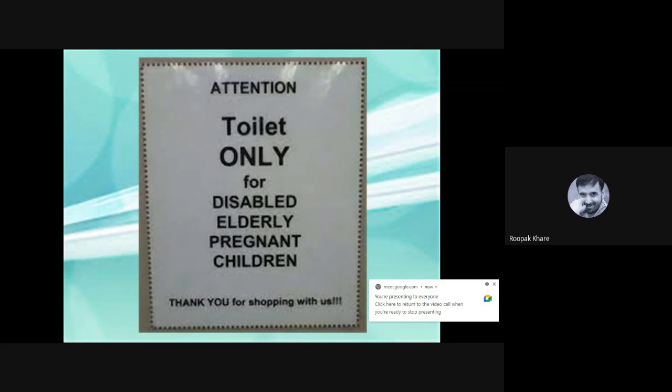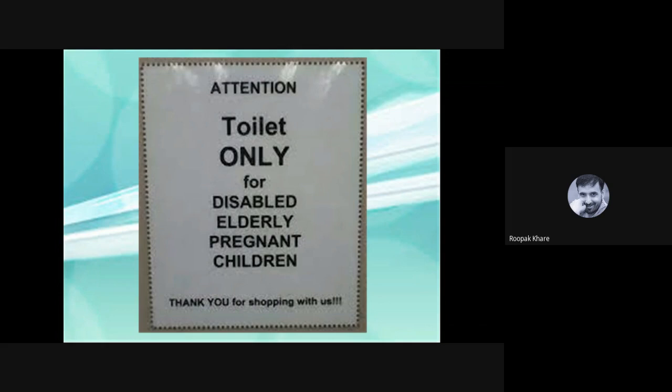Another signboard or notice: "Attention, toilet only for disabled, elderly, pregnant children." So probably this note wanted to say that the toilet should be used only by disabled people or elderly people or pregnant women or children.